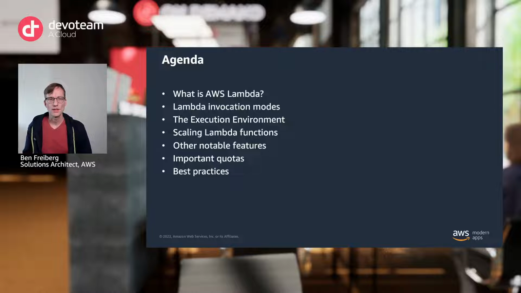Then we're going to look at the execution environment and how to scale Lambda functions. And at the end, I'm going to look at some notable features and important quotas, as well as some best practices.